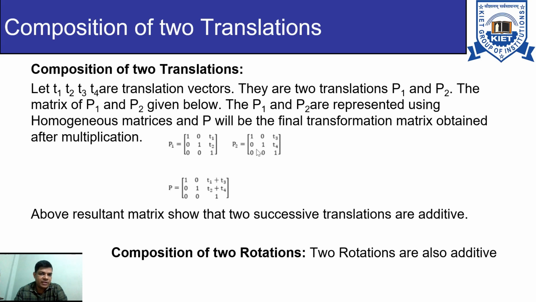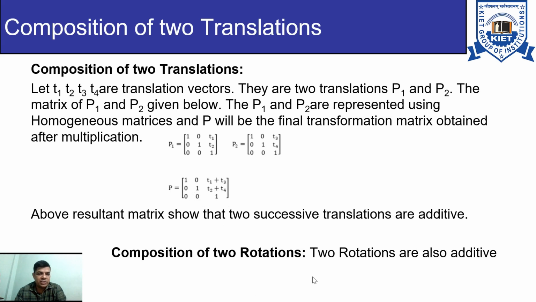Two successive translations are nothing but a kind of addition. So the resultant matrix will be 1 0 T1 plus T3, 0 1 T2 plus T4, 0 0 1. This resultant matrix shows that two successive translations are additive.